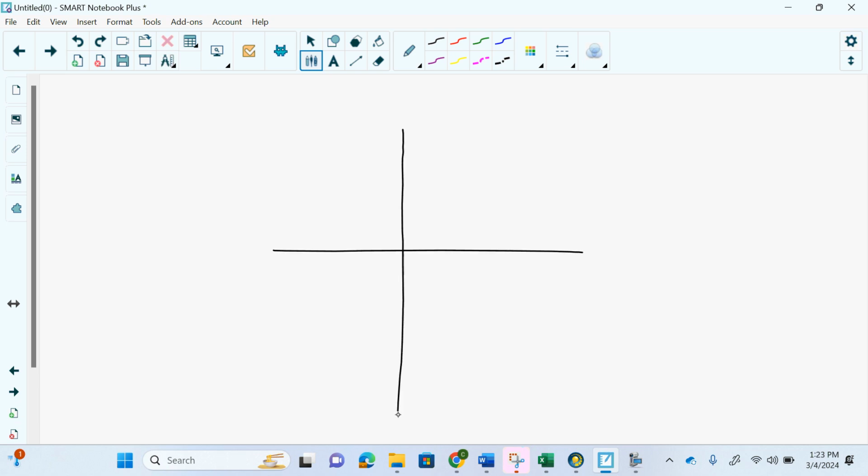So, say we had y equals 2x plus 1, and I went to draw that. Okay? So I have my 1 as my y-intercept, and then I go up 2, right 1, up 2, right 1, down 2, left 1, and we had ourselves a line in grade 10, correct?